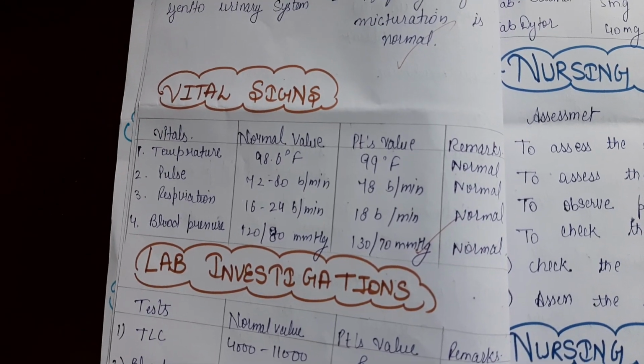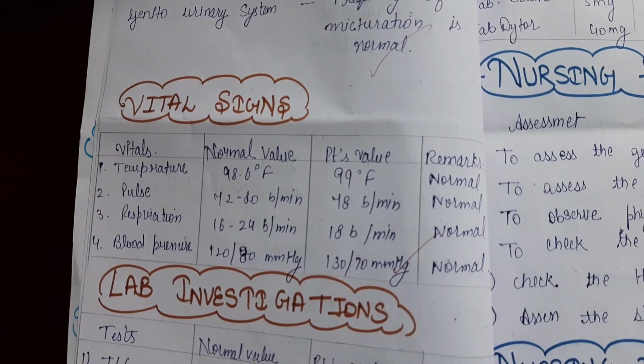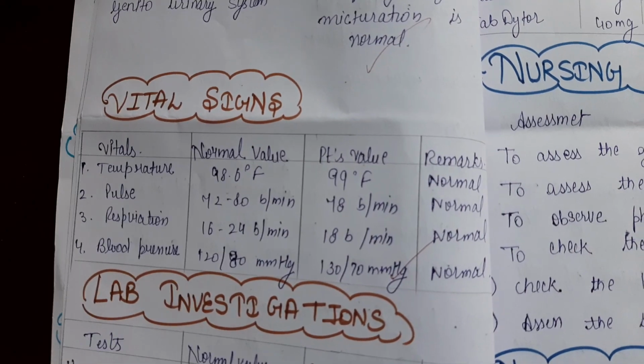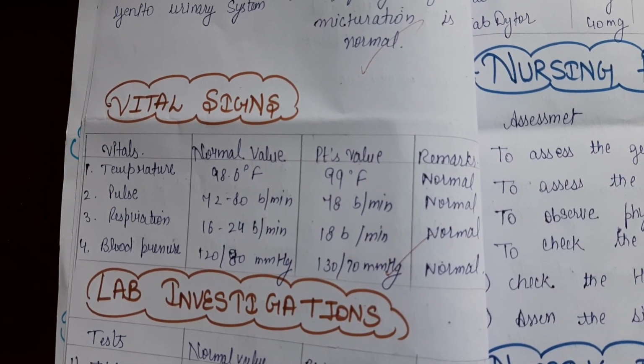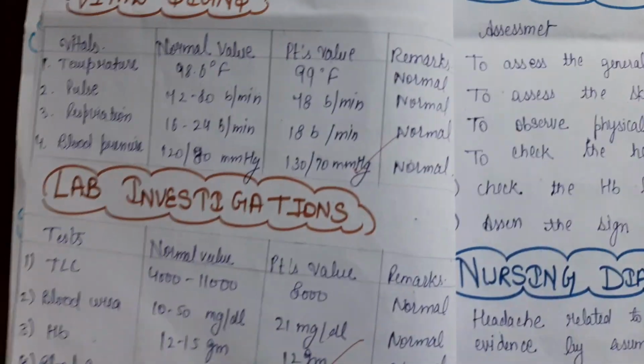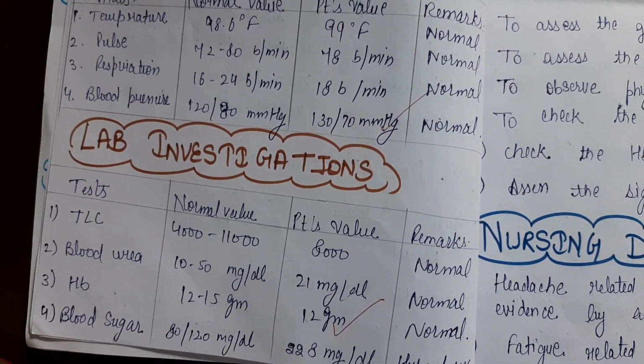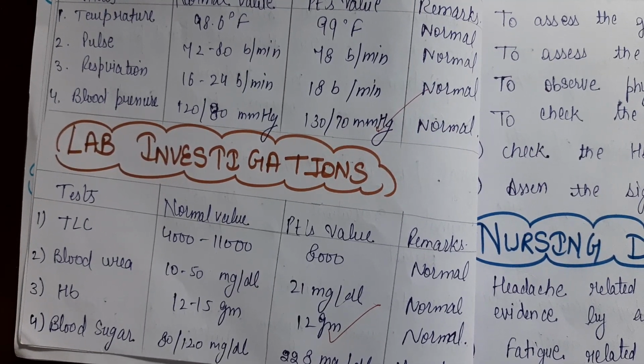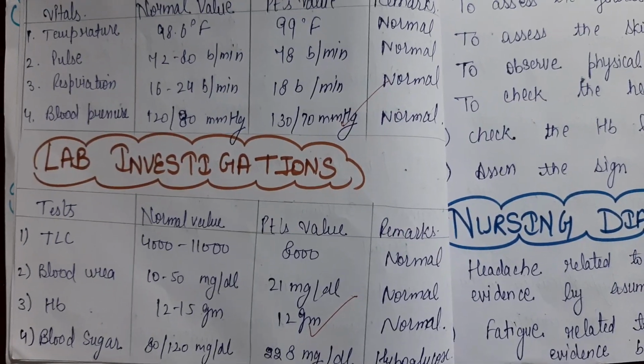Vital signs are of 4 types: temperature, pulse, respiration, and blood pressure. After that, lab investigation: TLC, blood urea, hemoglobin, and blood sugar level should be noted.